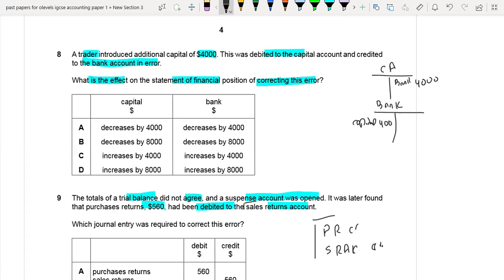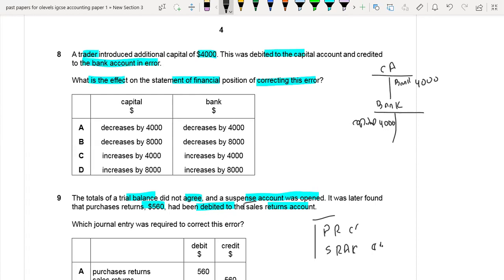But we recorded 4,000 on the debit side in the capital account, and in the bank we recorded 4,000 on the credit side. So now we are going to rectify it.